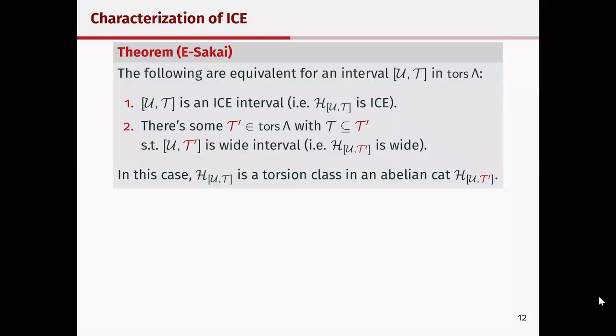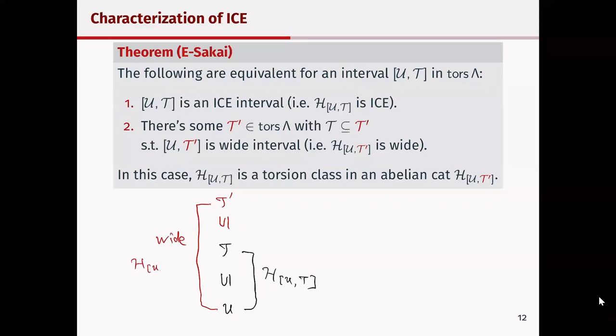We have the smaller torsion class U and the larger torsion class T, and I'm considering this heart H_UT. The second condition says that there exists another torsion class T prime above T such that this interval is a wide interval.